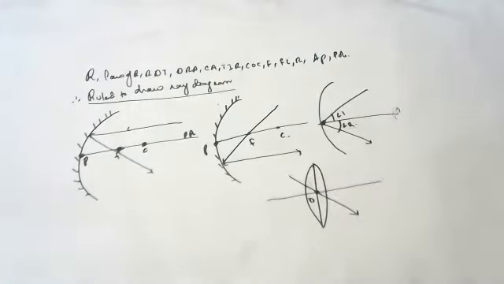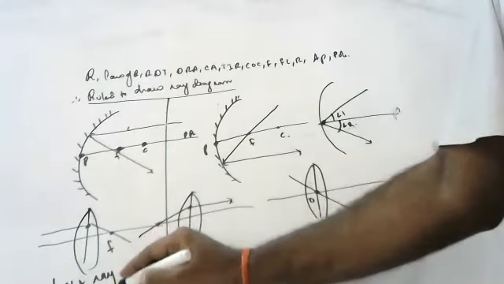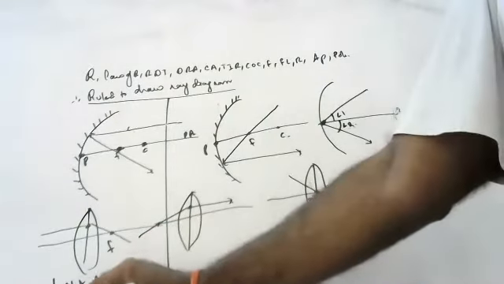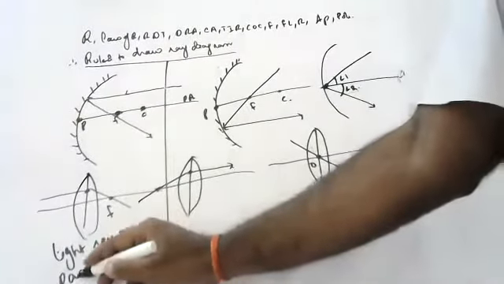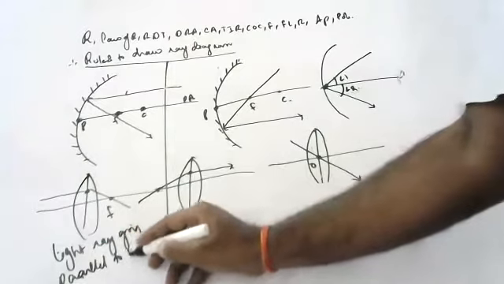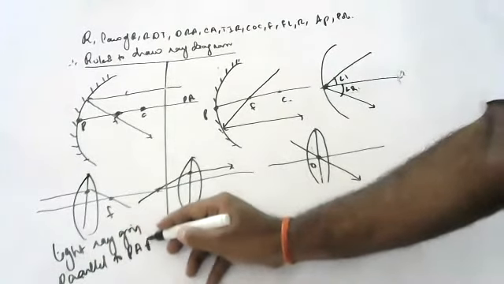Can anyone tell what this is? Light ray going parallel to the principal axis goes through focus. Can anyone repeat, children? Harika, can you repeat? Light ray going parallel to the principal axis passes through focus.